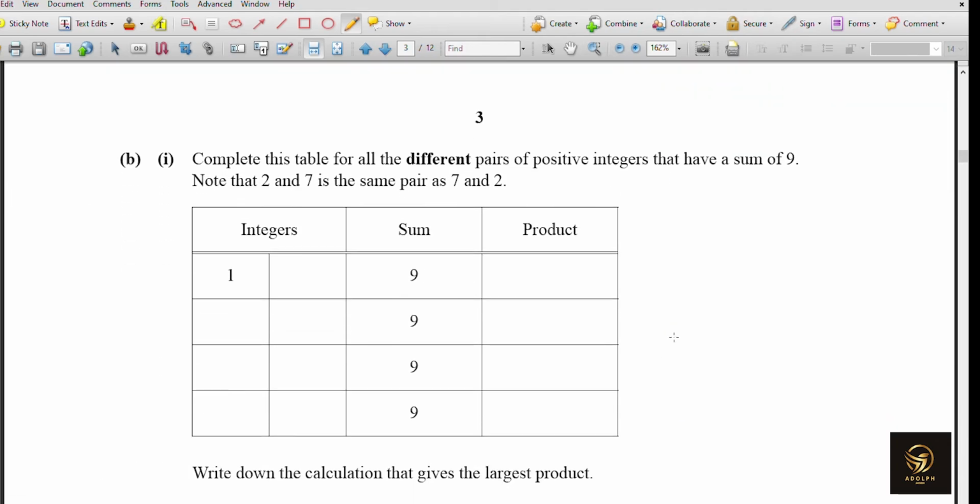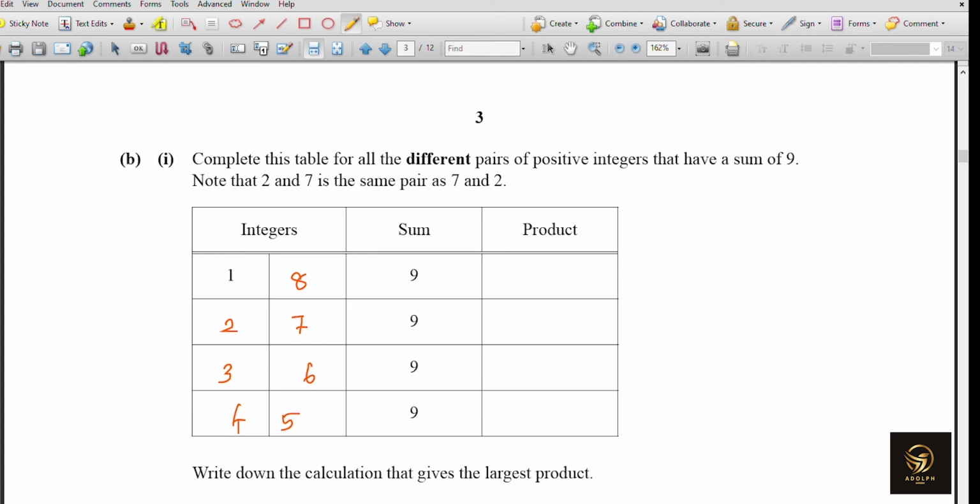So here is our question B. Complete this table for all the different pairs of positive integers that have a sum of 9. Note that 2 and 7 is the same pair as 7 and 2. So they are saying that you don't need to repeat the values. Only unique pairs are fine. Since the sum is 9, the possibilities are 1 and 8, 2 and 7, 3 and 6, 4 and 5.